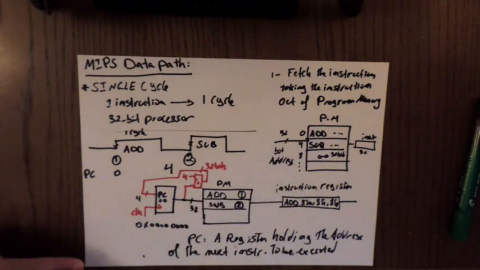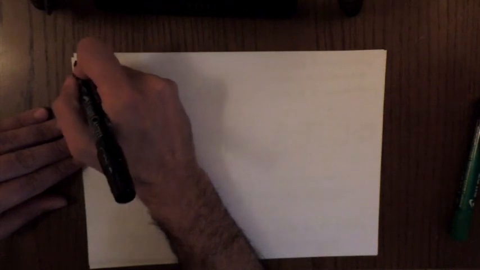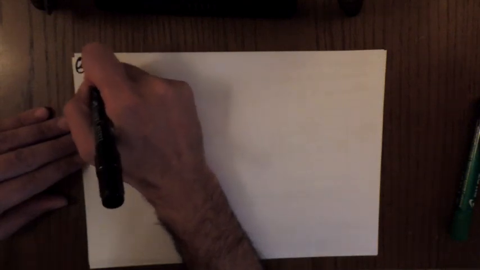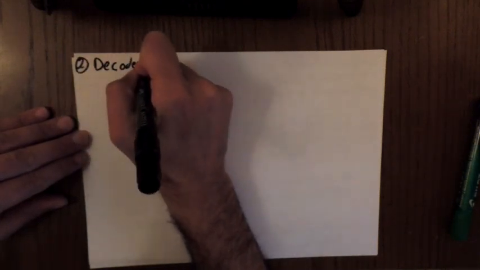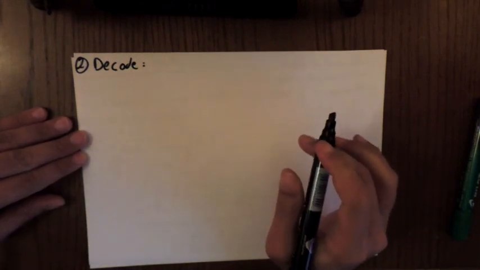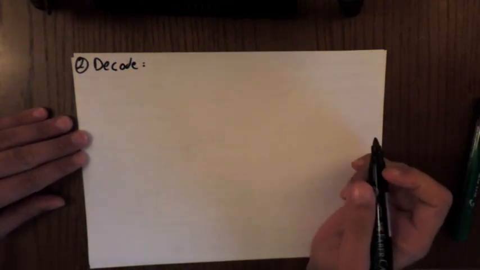Now the second part of the MIPS data path is, after we fetch this instruction, we want to know what we want to do with it. So the second part is decode. And remember, this is all happening in the same clock cycle, since we are discussing single cycle.